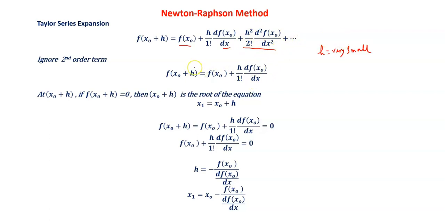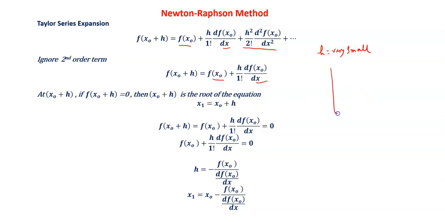So now here if we ignore the second order term, we'll have f of x0 plus h is equal to f of x0 plus h by factorial 1 df of x0 by dx, right? Now here at x0 plus h, if f of x0 plus h is equal to 0, then x0 plus h is the root of the equation.